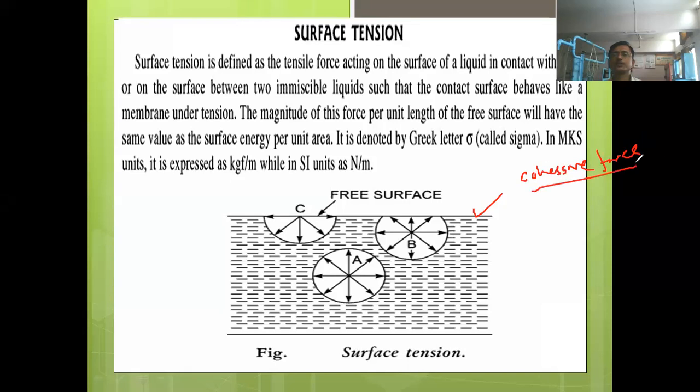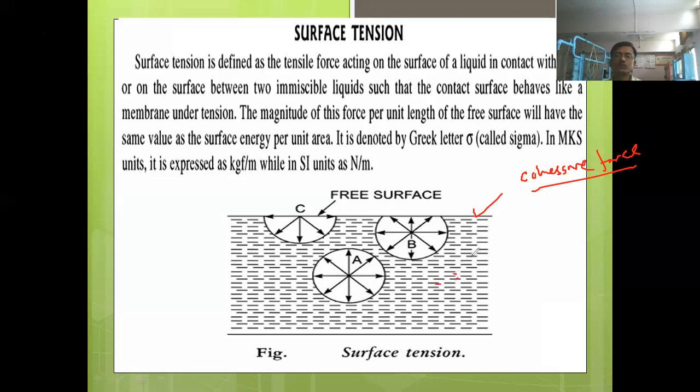What is cohesive force? Can anyone repeat it once again for me? The force of attraction between two similar molecules. Correct. So cohesive force is nothing but the force of attraction between two similar molecules, the same kind of molecule.